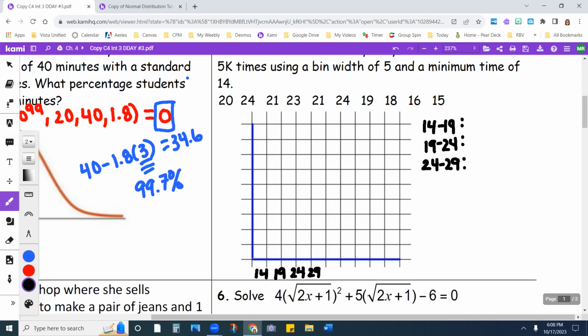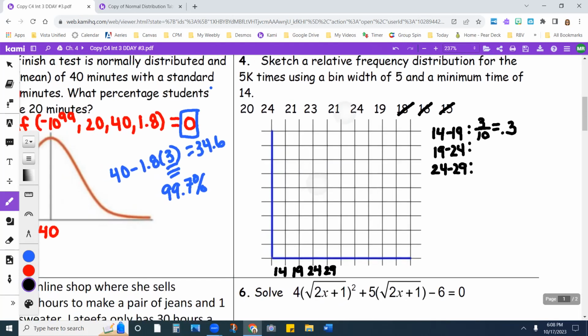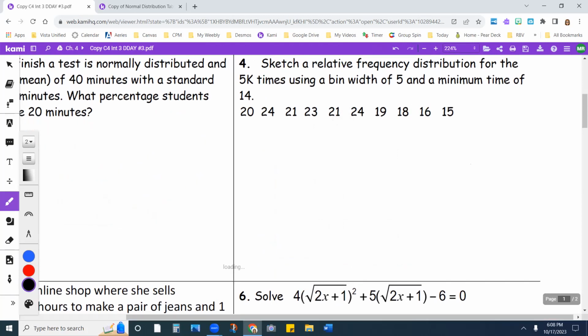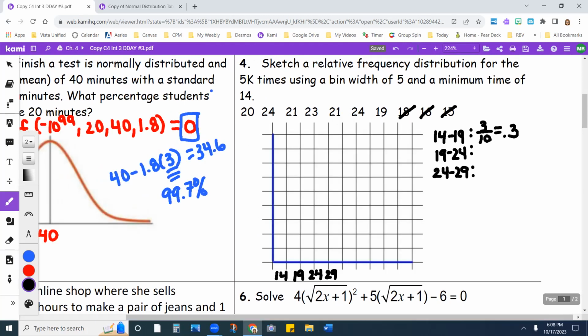Now, how many items are from 14 to 19? Well, let's see. I've got 1, 2, 3. I'm not going to include the 19. So that's 3 out of 10, which is 0.3, because relative frequency means I need to change it to a percent. What percent of the data?